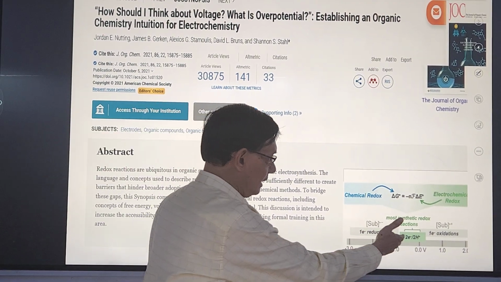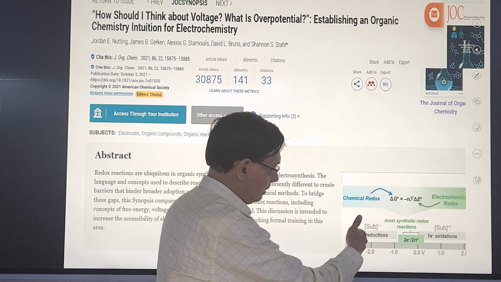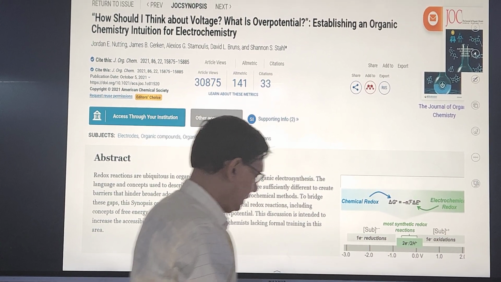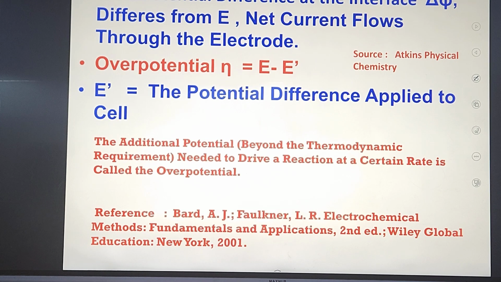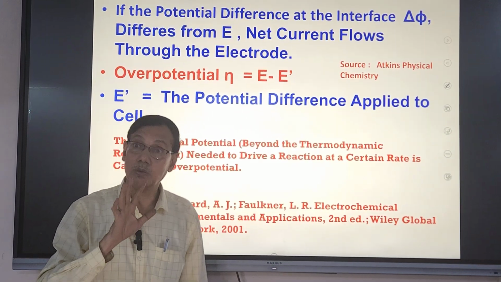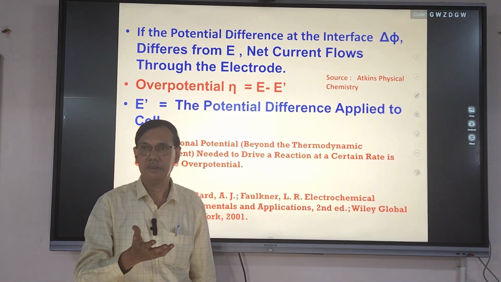So again they are taking this simple hydrogen reaction, a most synthetic redox reaction. One is oxidation, another is reduction. It depends upon that potential. I am giving the specific definition. Again I am taking three definitions of overpotential from three different sources.